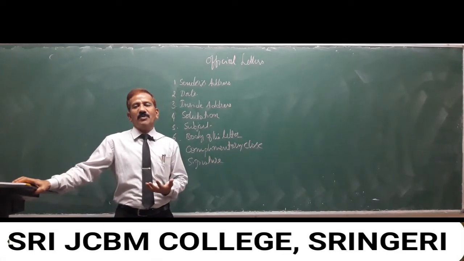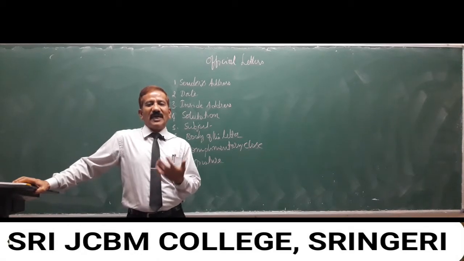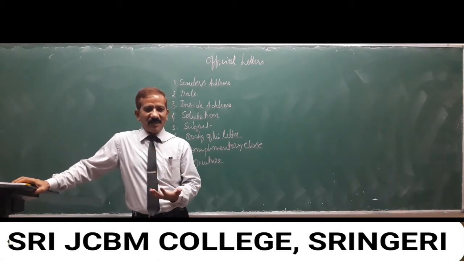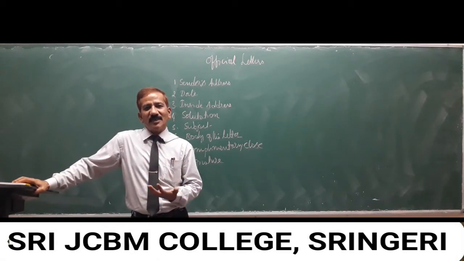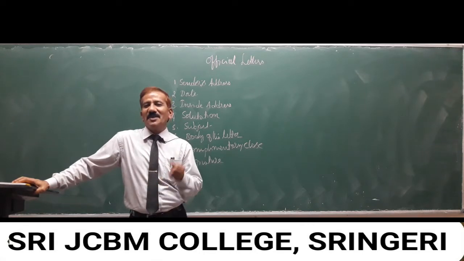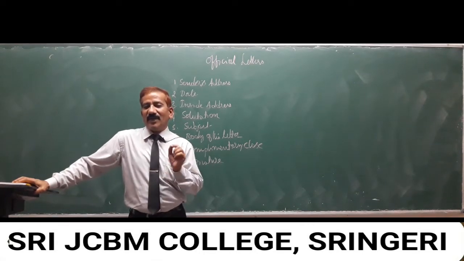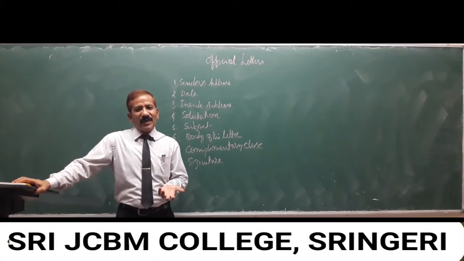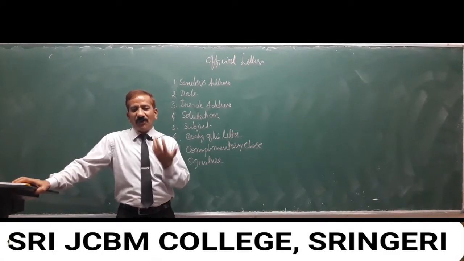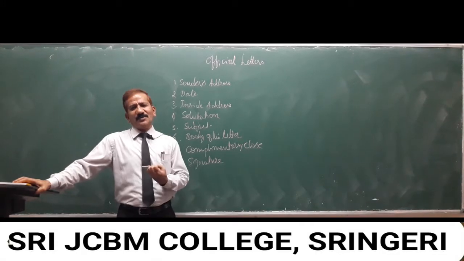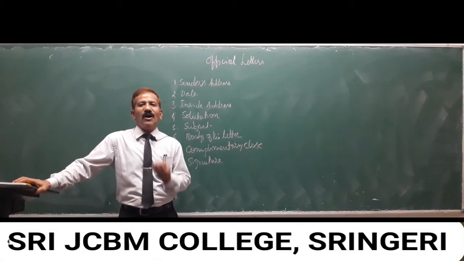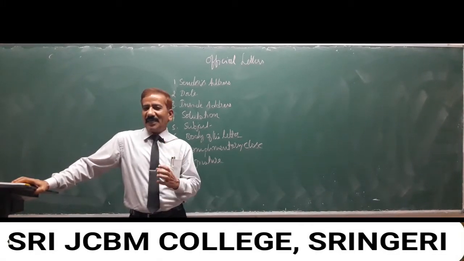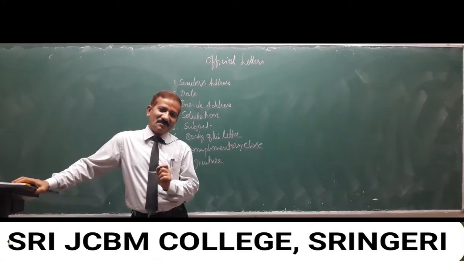For example, if you are writing to your sister, my dear brother, my dear father, mother, my dear friend, like that in informal letters. The language is very colloquial, very jovial, with emotions and feelings and all other things which are very near to your heart, which you state in informal letters.